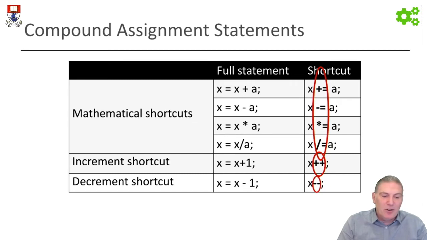Okay, so these are called compound assignment statements, and even if you don't think you would like to use them, you're going to need to know them because you're going to have to read other code, and these are used quite a lot. I would say the bottom two are the ones that are used the most, then the plus assignment, and then the minus assignment. Multiplication and division not so often, but they are there. So these are compound assignment statements.